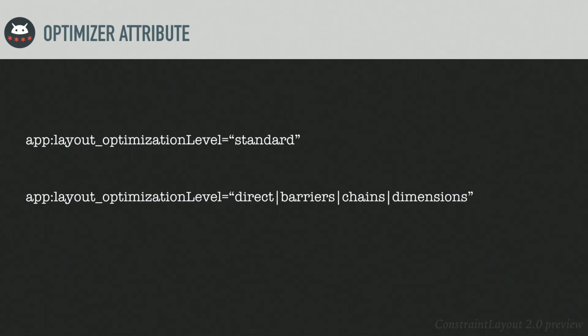Dimensions in particular is very interesting, because one of the costly things when you lay out something is measuring those elements, and it's really costly for text view and stuff like that. Sadly, in constraint layouts, there is this match constraint concept, like the 0dp stuff, that allows you to spread your elements, for example, in between two other elements.